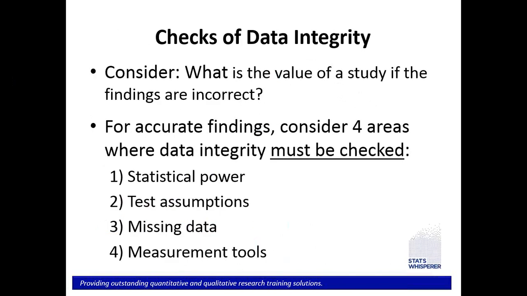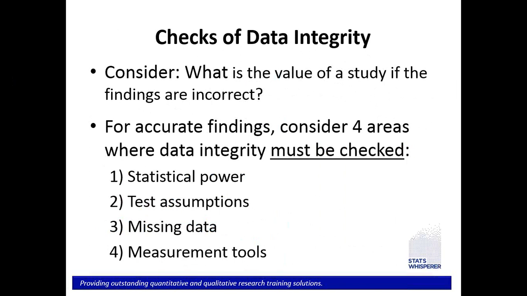So consider, checks of data integrity, consider what's the value of a study if the findings are incorrect, right? And I ask this because without careful attention paid to checks of data integrity, most studies will produce inaccurate findings. So for accurate findings, consider the 4 areas in which data must be checked.